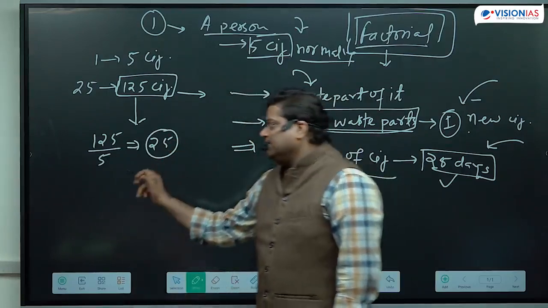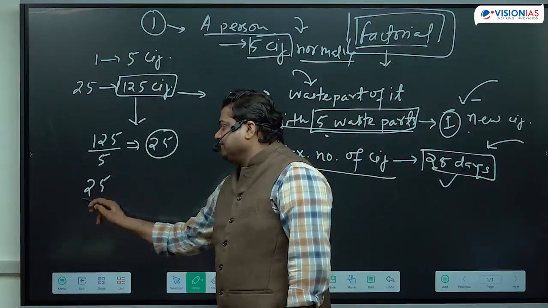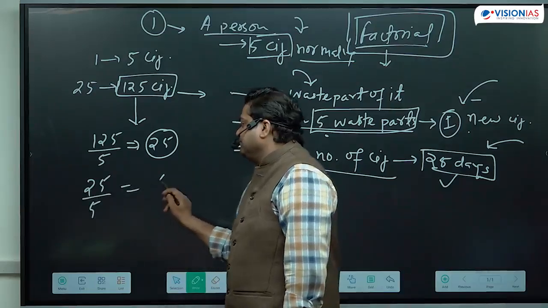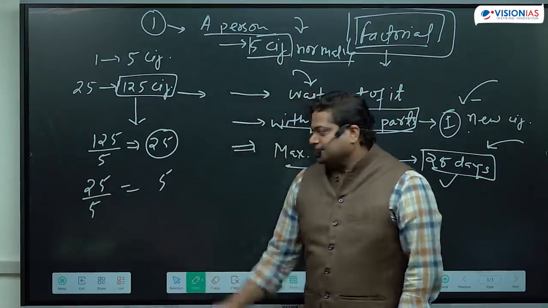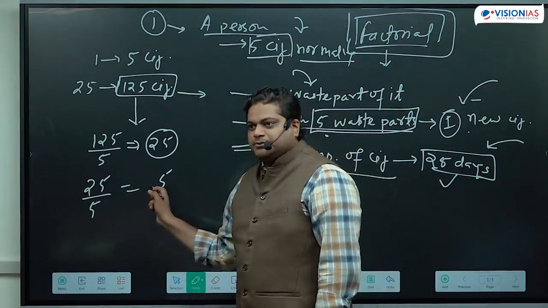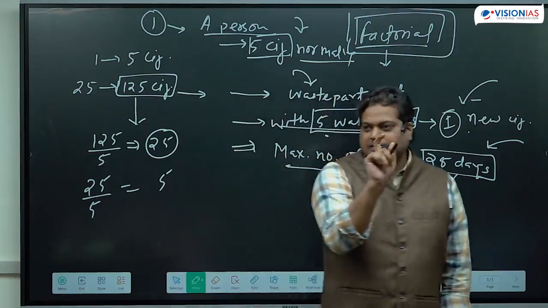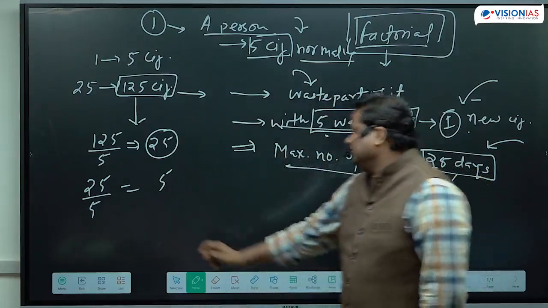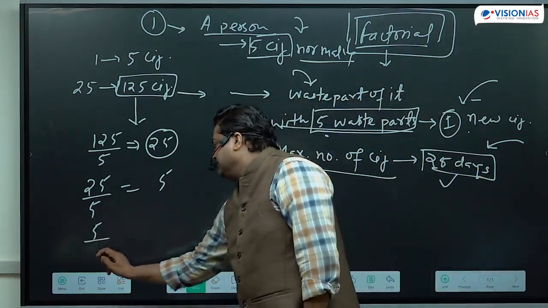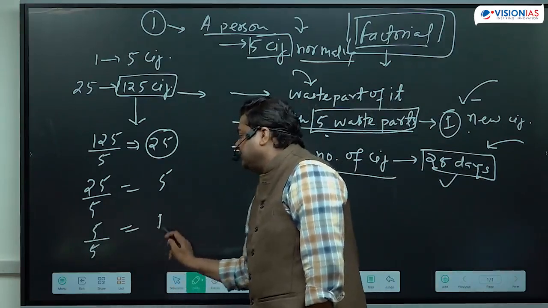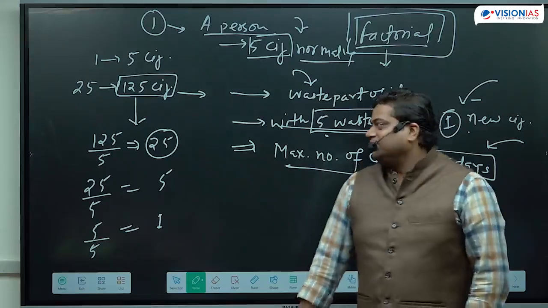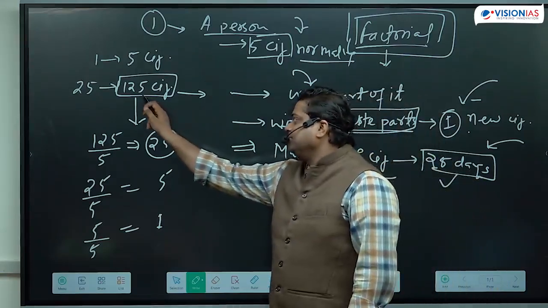अब ये 25 से भी 5. This 5 को भी that person will smoke, और सब में थोड़ा थोड़ा छोटा छोटा part बचाएगा. 5 divided by 5, 1. Total, how many cigarettes?